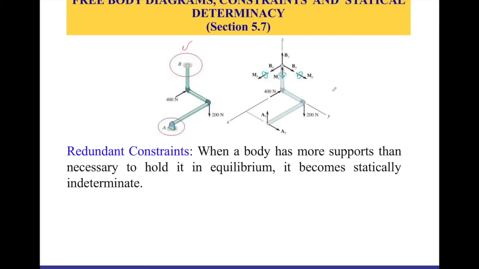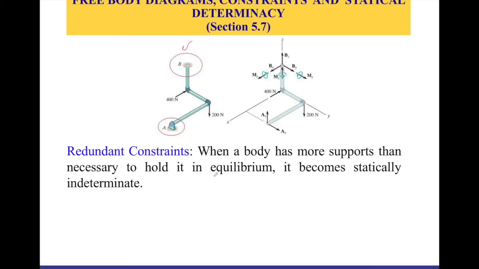That's especially important in 3 dimensions, and I will explain what that means. In this problem that we're looking at, if you do the analysis, you can see that we have something called redundant constraints, which means the body has more supports than necessary. And this is a problem in design. You don't want to over-design something and create more supports than you need.